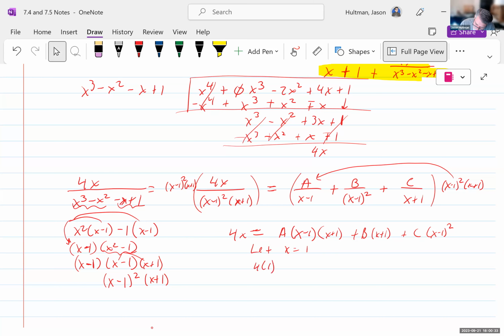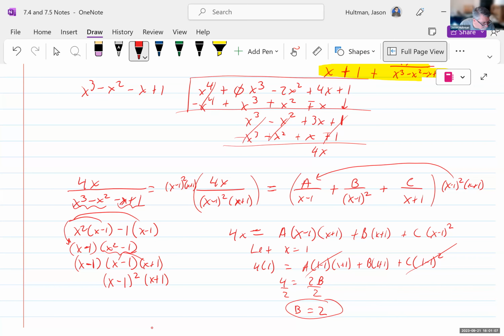I get 4 times 1 is equal to a times 1 minus 1 times 1 plus 1 plus b times 1 plus 1 plus c times 1 minus 1 squared. This goes to 0, that goes to 0. And so I'm just left with 4 is equal to 2b. Divide by 2 and we get b is equal to 2.